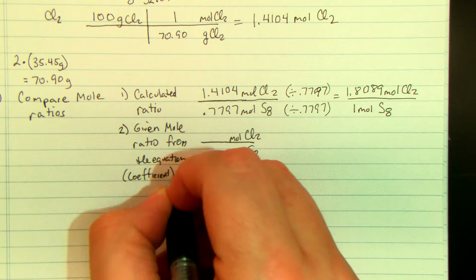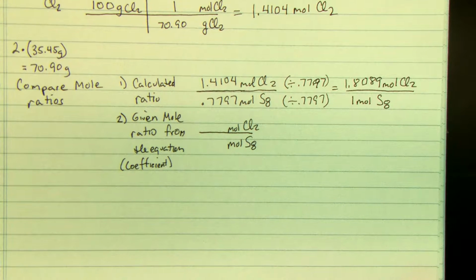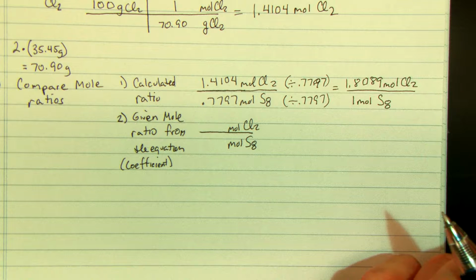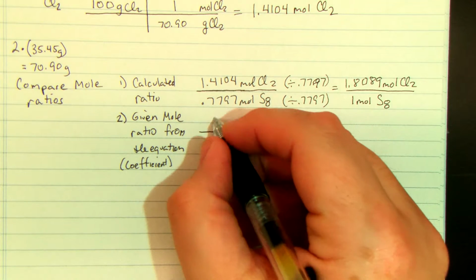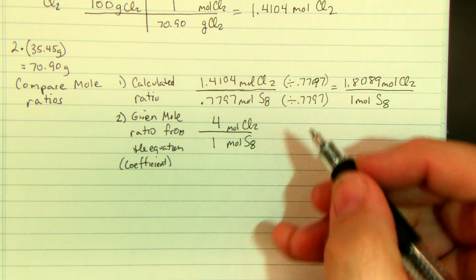Well, how many moles of Cl2 did we have? What's the coefficient in the equation for Cl2? What's the coefficient in the chemical equation at the top? Yeah, it's 4. And what's the coefficient for S8? 1.